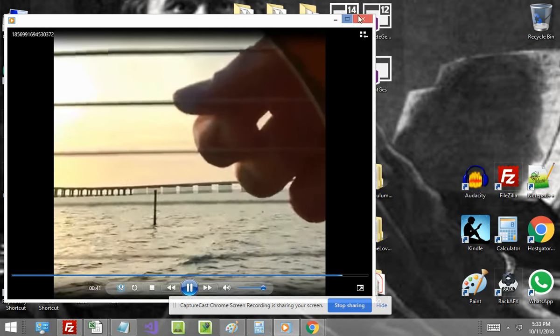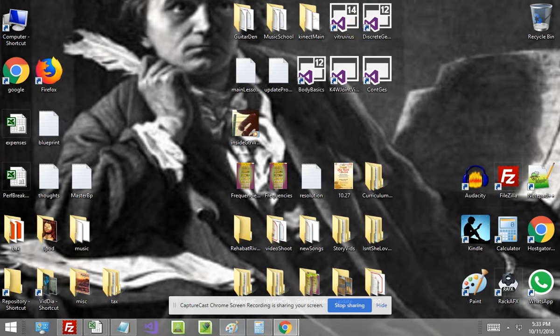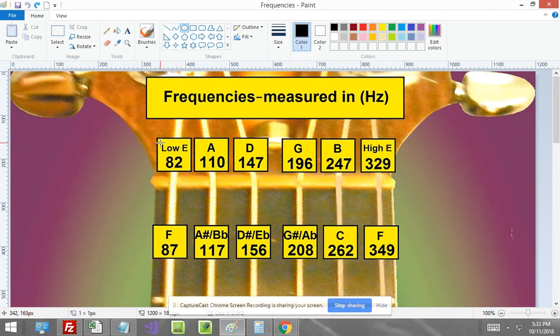The low string sounds like this. The high string sounds like this. Keep that in mind, because when you go back to this table, this low E sounds like this. It's wobbling 82 times per second.